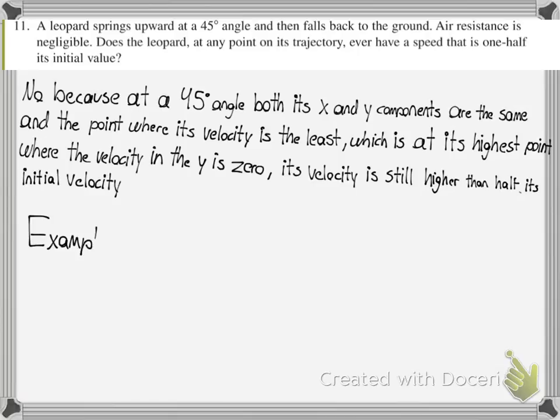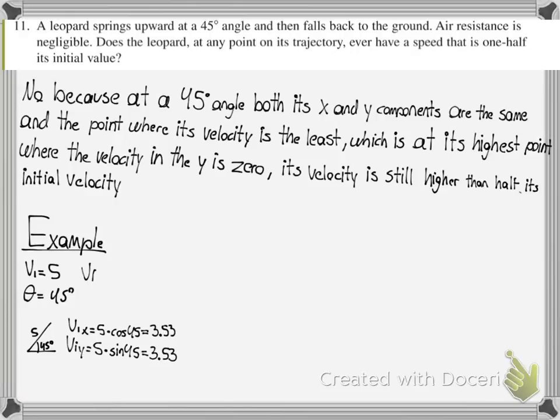So in order to make this easier, we'll do an example, and we're going to plug in values. So we have the initial velocity is 5 and the angle is 45 degrees. So we would get that the initial velocity in the x is 3.53 and the initial velocity in the y is 3.53. And because this is a max height problem, we would say that the final velocity in the y is 0 meters per second.